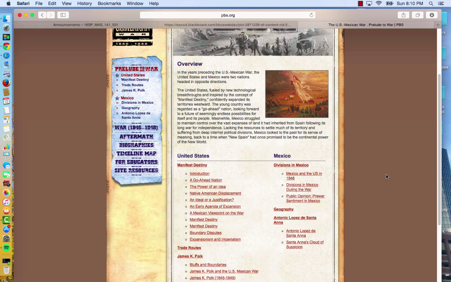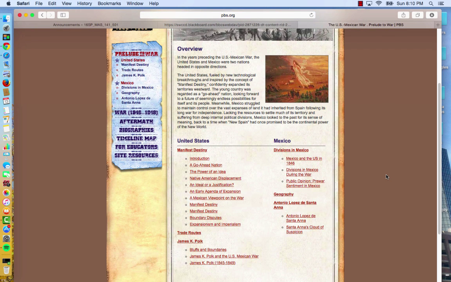So in other words, the Prelude to War section gives you an overview about all the factors on both the U.S. side and the Mexico side, which in essence began to move toward each other and then collided with each other in the middle part of the 1840s, and then exploded into war in the spring of 1846, and then finished off in the fall of 1847. So in other words, Prelude means the factors, all the events which pulled the U.S. and Mexico into war. And here's a great selection of articles here.